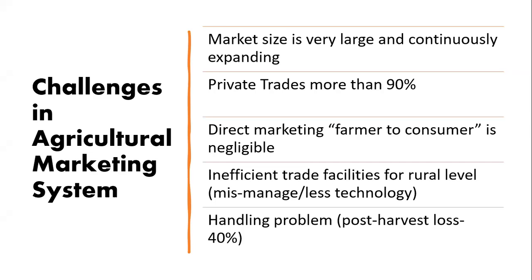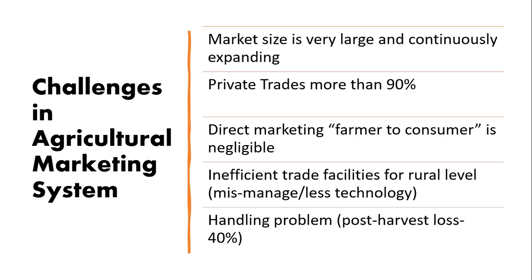One reason is that every day the market size is expanded. The market size is continuously expanding because of the increase in population; the market for agricultural goods is expanding every year. On the other side, the production side is reducing.